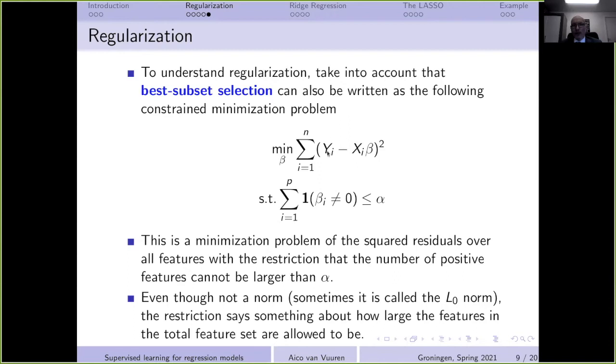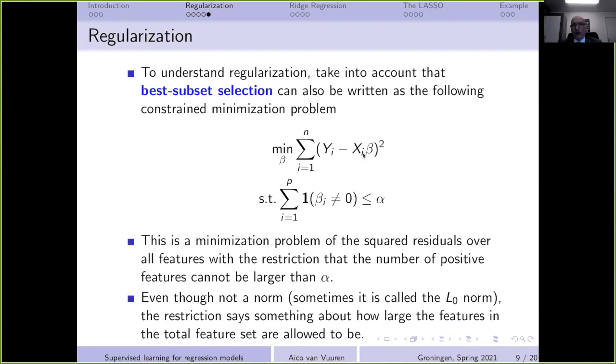Those x's that do have a good predictive power will get a beta coefficient which is different from 0. They are, of course, going to be exactly the same as the ordinary least squares beta coefficients that we would get from the restricted model, where we exclude the x's for which the betas are exactly equal to 0.